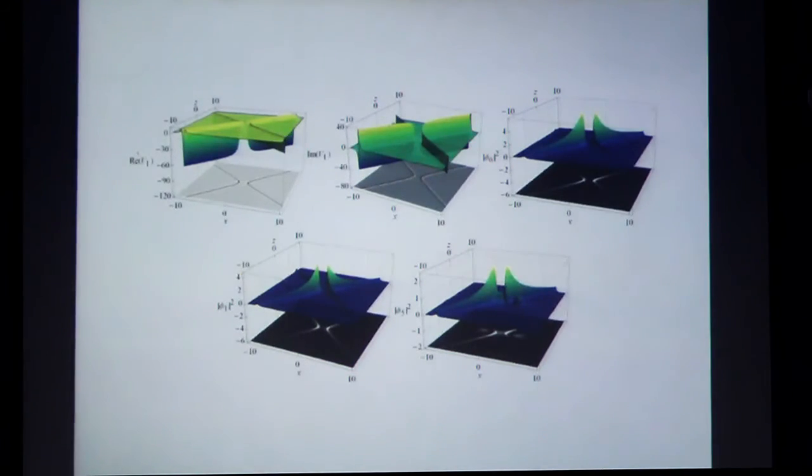And now my PT symmetric system is this one. Again I have the real part of my potential, it represents two waveguides going to the center and then going apart from each other. Here I have another waveguide going to the center and then going away. I have the imaginary part of my potential, and I have here three solutions for this system.